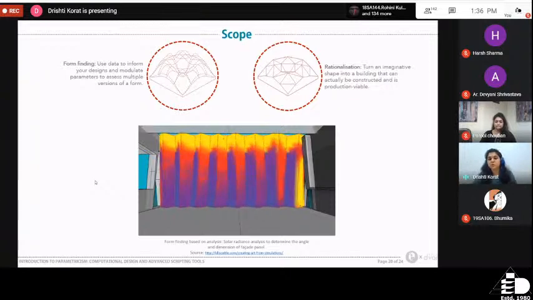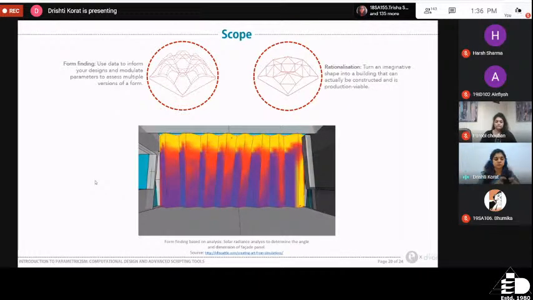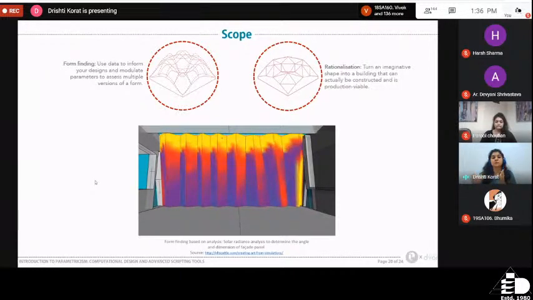I have modeled that in a software, but it actually needs to be executed. For it to be executed, you cannot probably make a continuous system. So probably you'll have to break your design down into small pieces. Maybe you will have to get panels of that shape, or you'll have to cast concrete in that curvature.